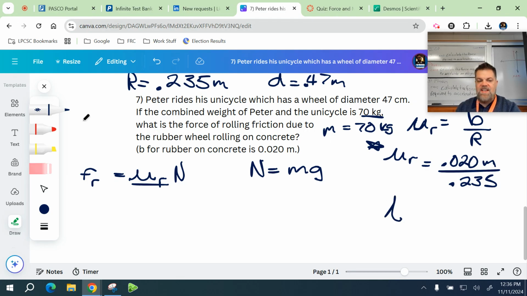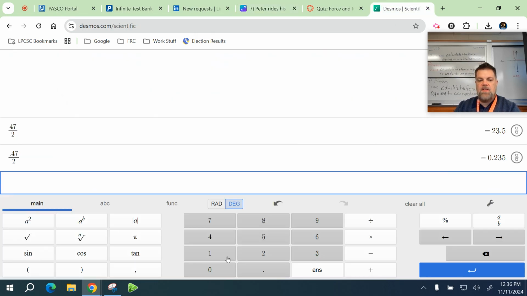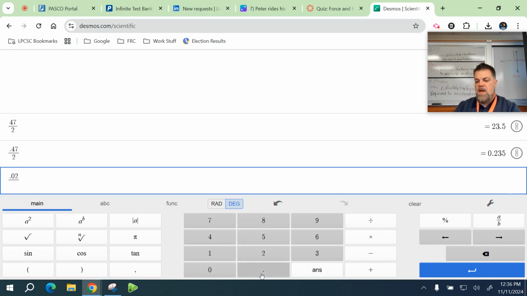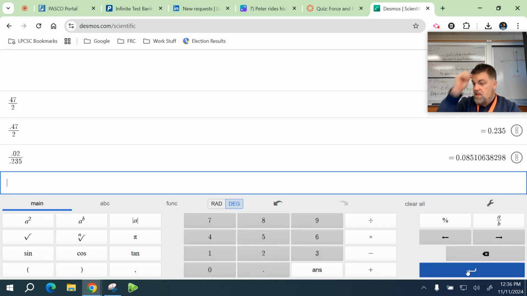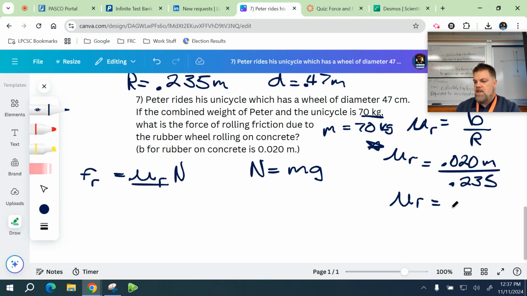So my coefficient is this number. So I'm going to go back into my calculator and say 0.02 divided by 0.235, and I get 0.085. So we'll round that to 0.085.